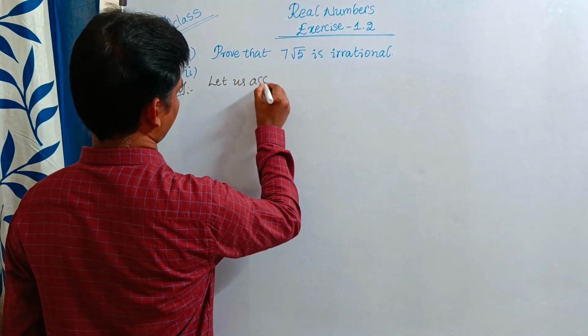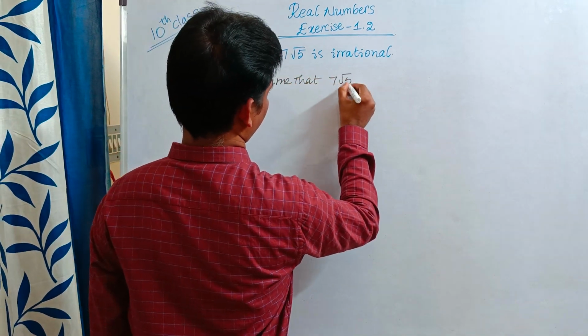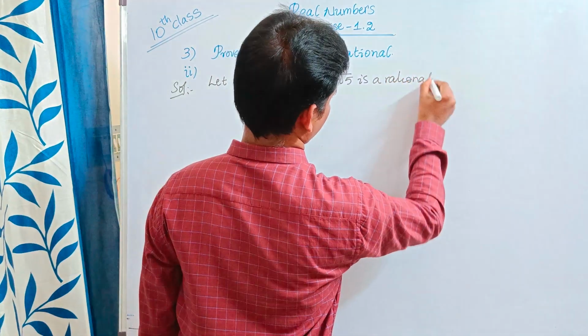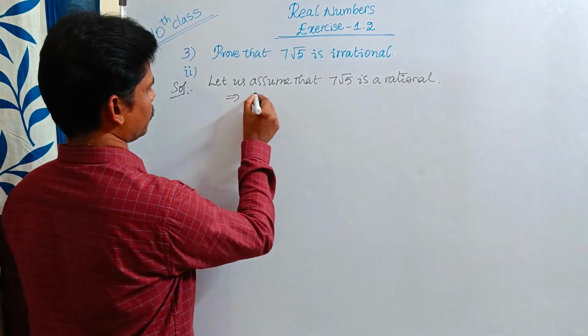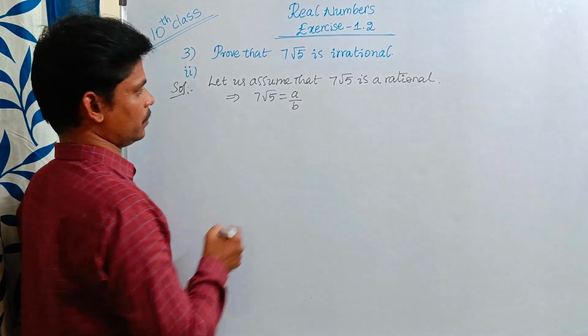Let us assume that 7 root 5 is a rational. Rational means what? 7 root 5 is equal to a by b.